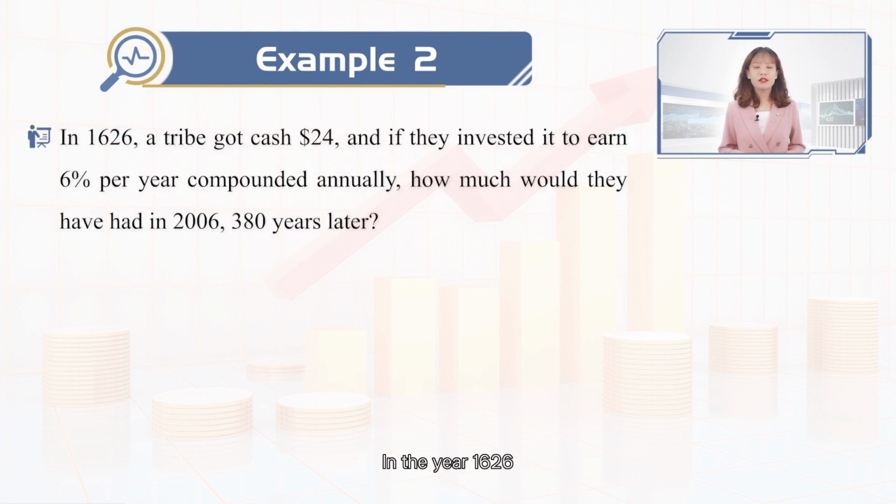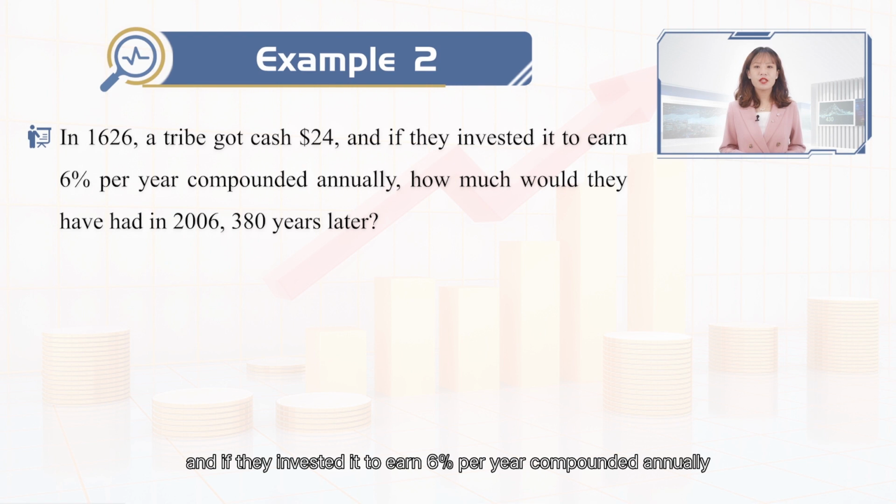The following is another example. In the year 1926, a tribe got cash $24, and if they invested it to earn 6% per year compounded annually, how much would they have had in 2006, which is 380 years later?